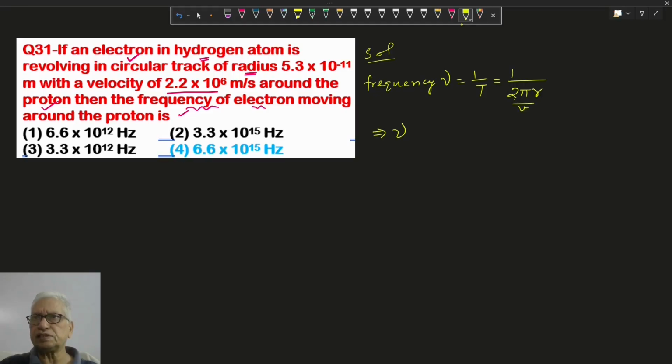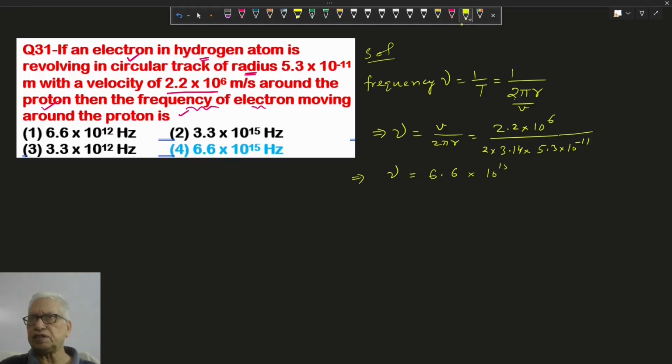So frequency is given as v upon 2 pi r, with velocity 2.2 into 10 to the power 6 upon 2 times 3.14 times r. Radius is 5.3 into 10 to the power minus 11 meter. Solving it, it comes roughly 6.6 into 10 to the power 15 hertz. So option 4 is correct.